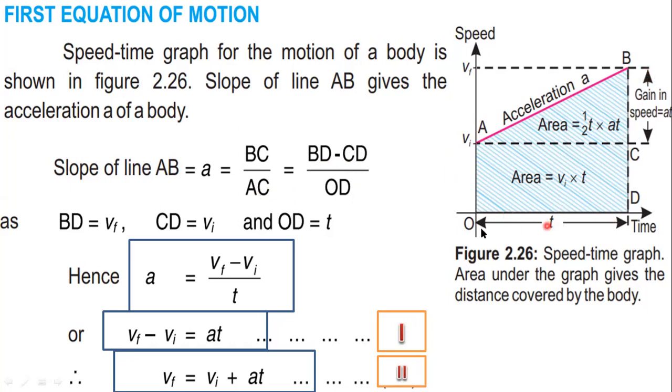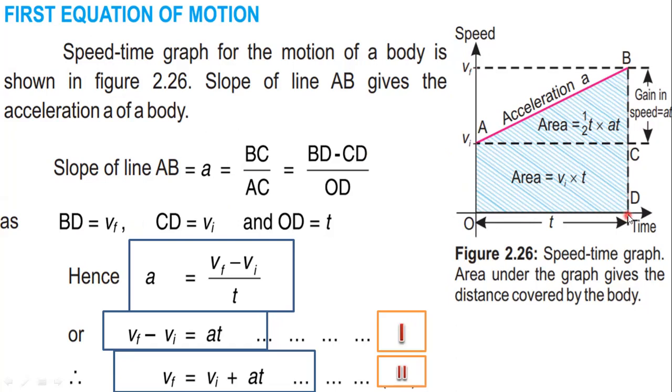OD is time. So as you know, what is BD? So let's see. This is the BD line, which is VF, that is the final velocity, starting from 0 and reaching at this point. So this is VF. So this line is representing the final velocity. So this line is equivalent to this BD, this length.